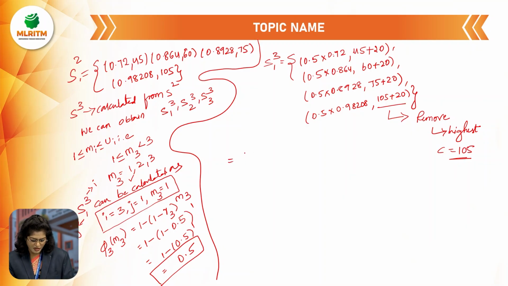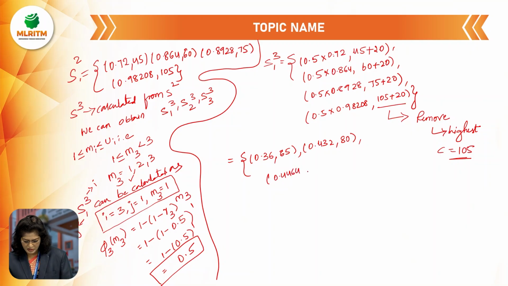So you are going to get the value 0.36. That is 0.5 into 0.72 gives 0.36, with 45 plus 20 is 65. Then 0.432, with 60 plus 20 is 80. Next 0.4464, with 75 plus 20 is 95.